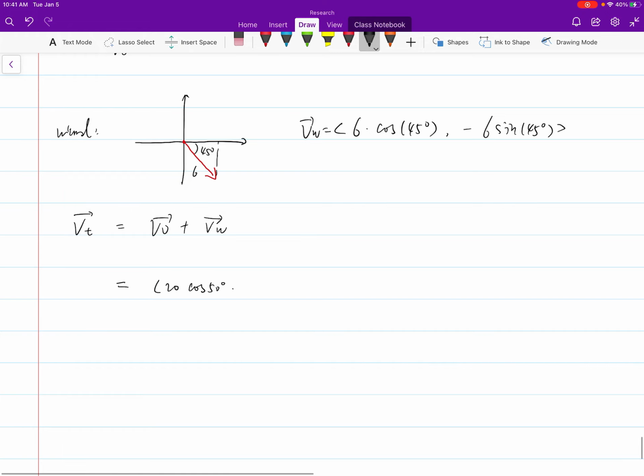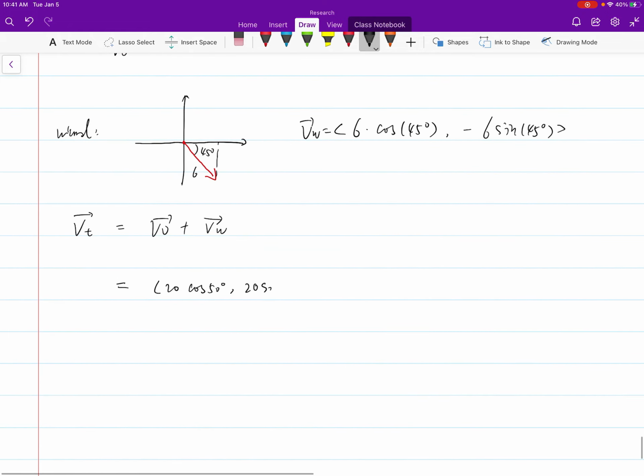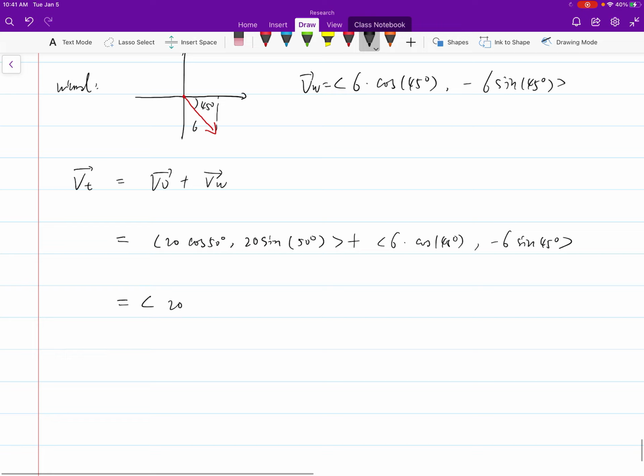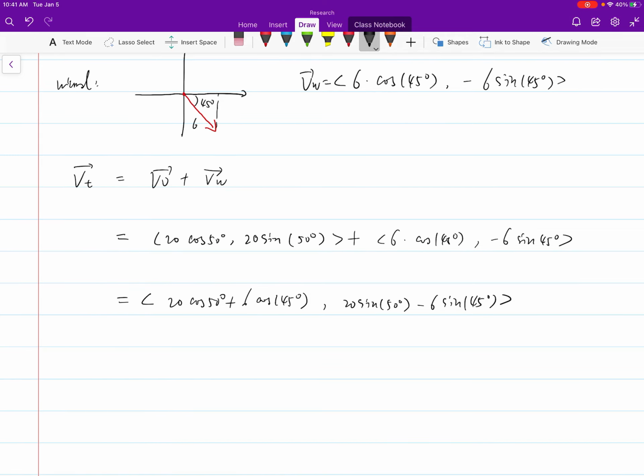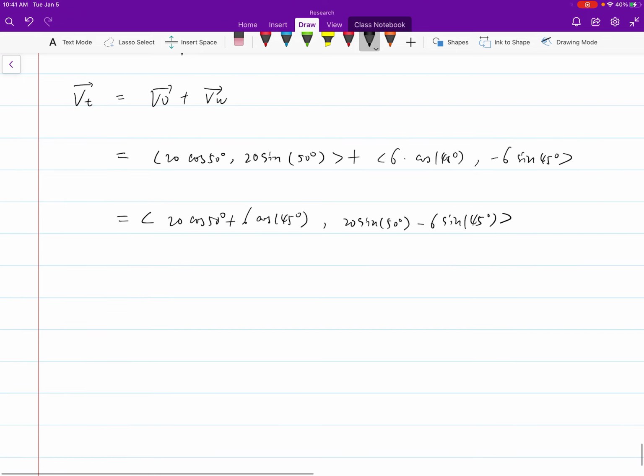But you know V0 is 20 cosine 50 degrees, 20 sine 50 degrees, plus 6 times cosine 45 degrees, negative 6 sine 45 degrees, which is 20 cosine 50 degrees plus 6 cosine 45 degrees, horizontal and horizontal, vertical and vertical. Without a calculator, the best we can do is take cosine 45 and sine 45 to be square root 2 over 2, and we stop there.